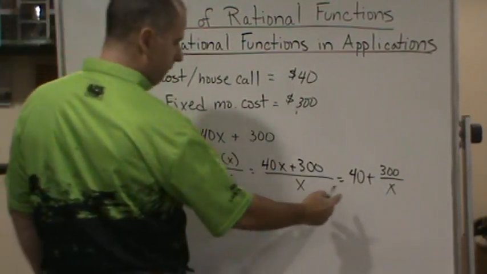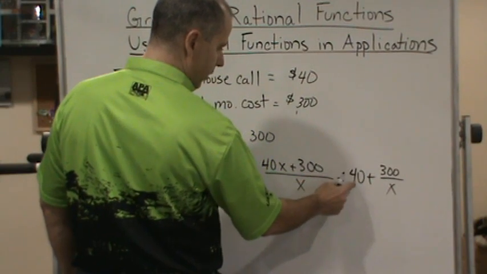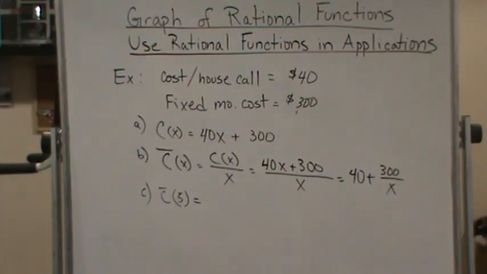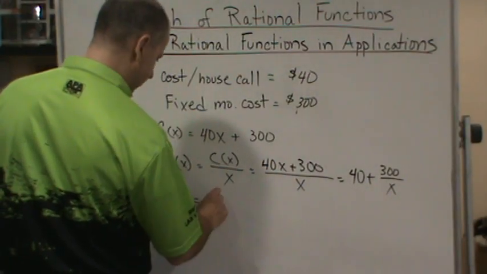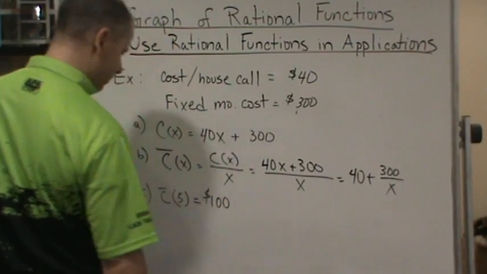So C bar of 5, we're going to put 5 in here. That would be 60. So 40 plus 60 is 100. So the cost is $100.